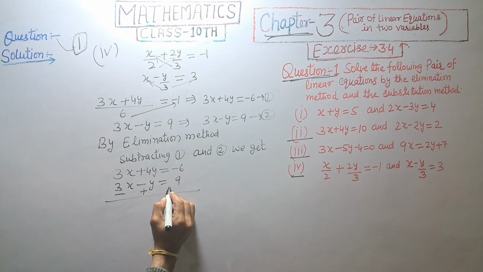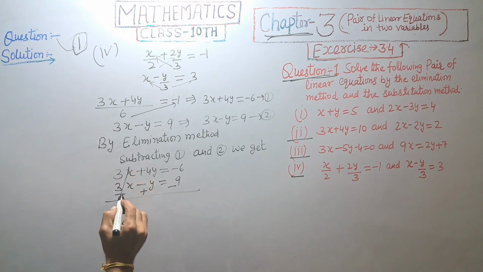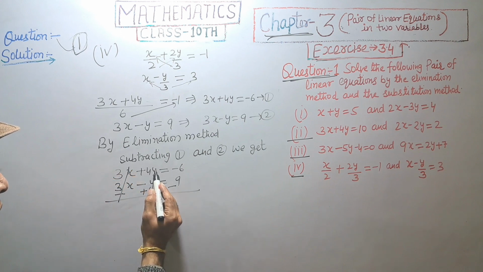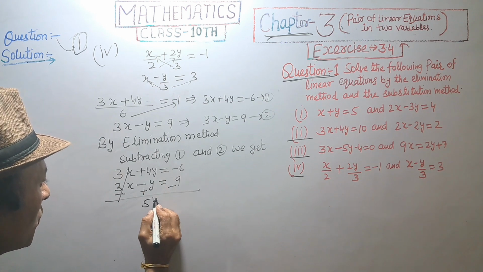Minus plus minus, 3x is cancelled. 4y plus y, that is equal to 5y.